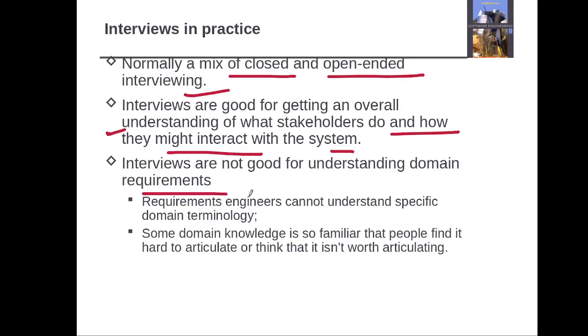Sometimes domain requirements are difficult to get this way. What happens is you ask certain questions and they answer, and they might answer using some domain specific terminology that might be difficult for engineers, meaning our requirement engineers, to understand. So it may be difficult to use interviews for domain requirements. Let me tell you one more reason.